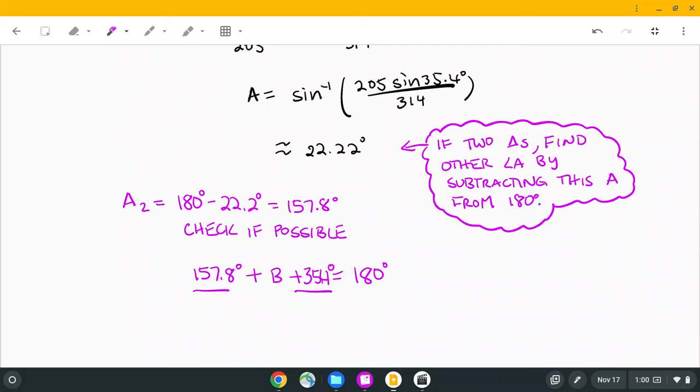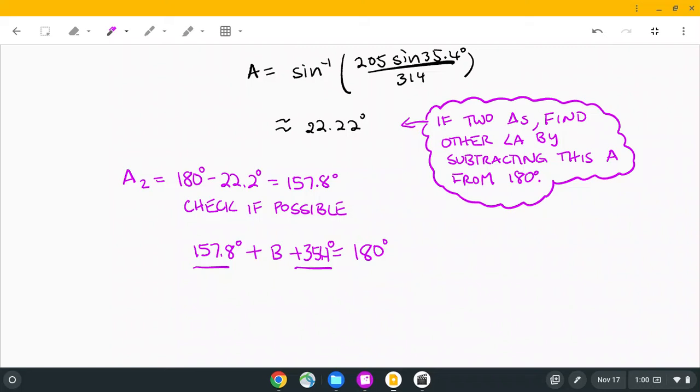So this is more than 180. So then this is not possible. Having this second angle A as 157.8 degrees is not possible.